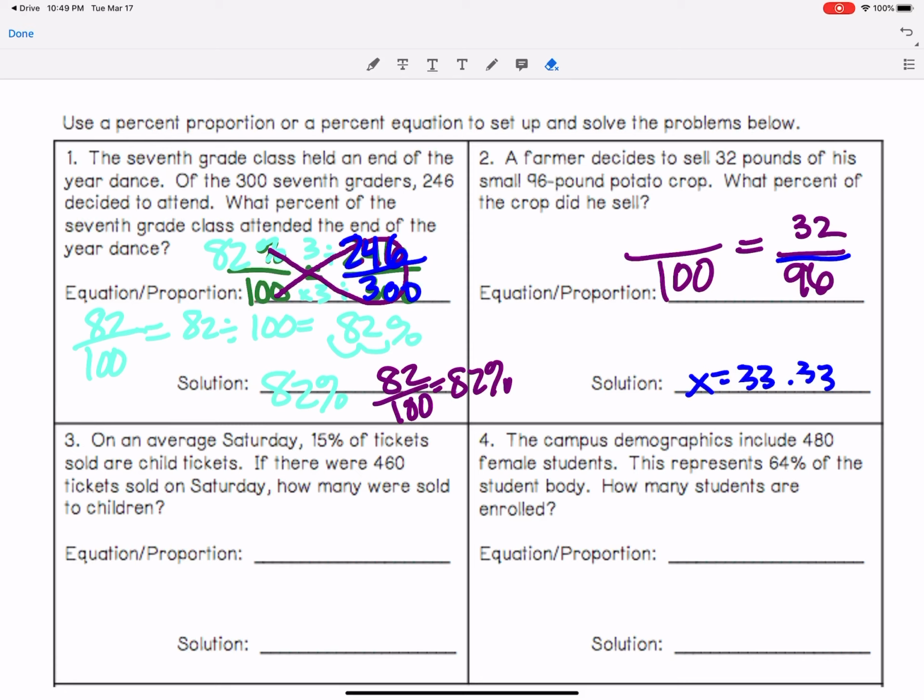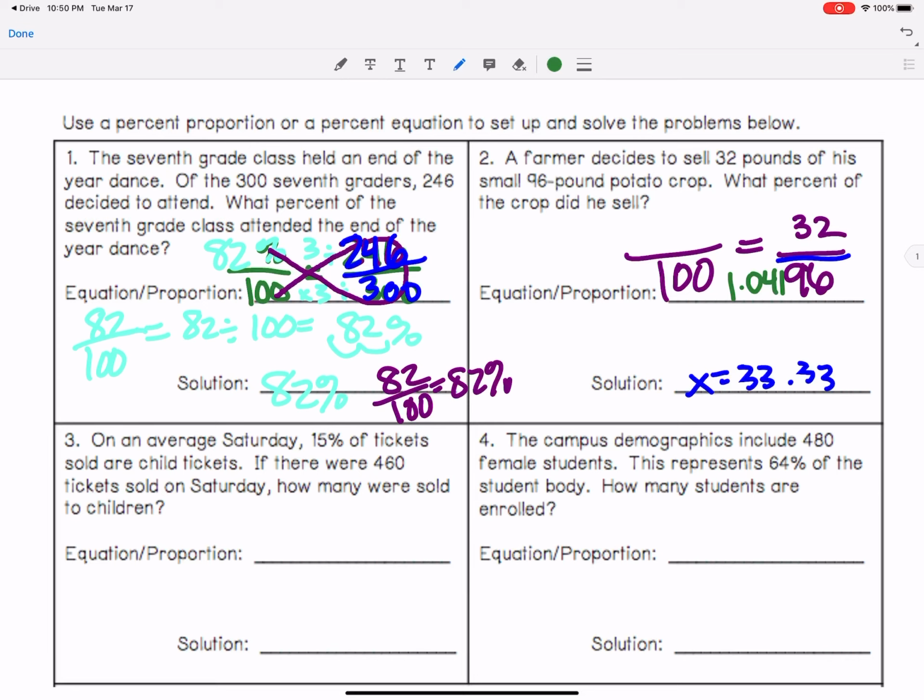What you do to the bottom, you have to do to the top. So you could say, I'm multiplying 96 by what to get to 100? The only way to figure that out is 100 divided by 96. And I just got 1.041. So I'm showing you your third option of how you could solve this.